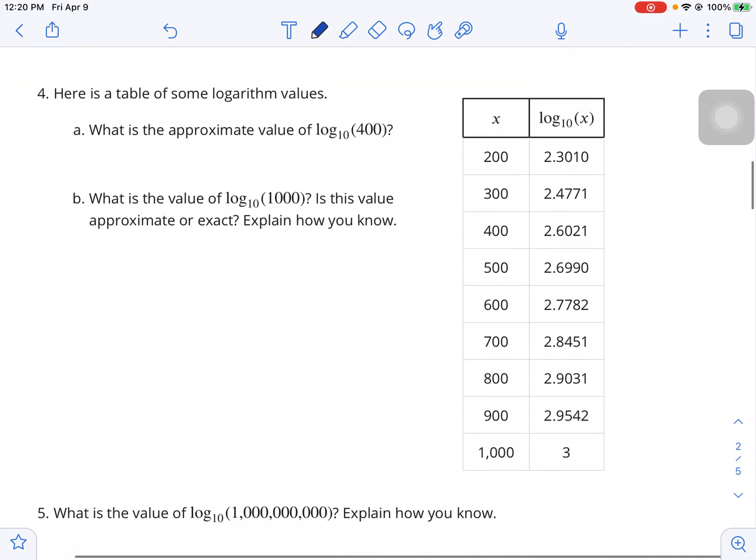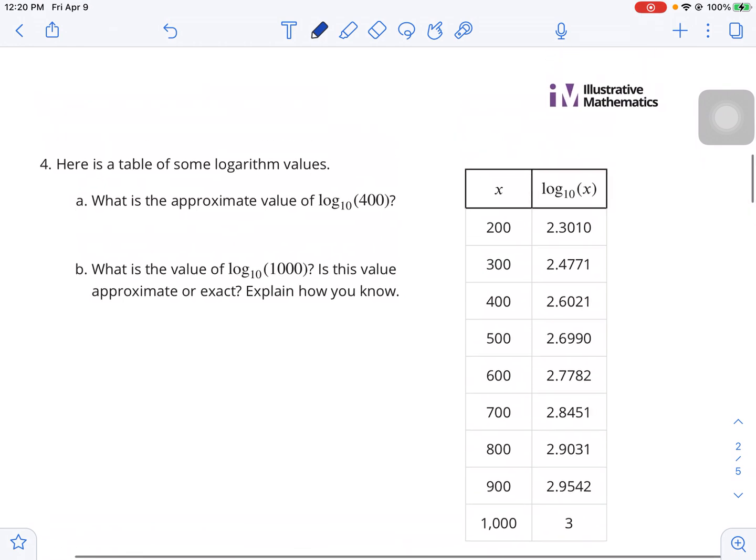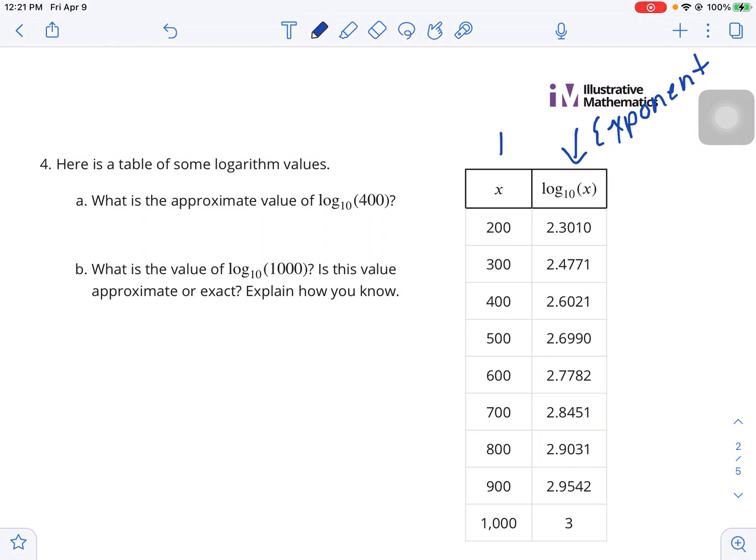Number 4, here's a table of some logarithmic values. What is the approximate value of log base 10 of 400? So now here we are. Remember, this is our exponent. And this is our base.